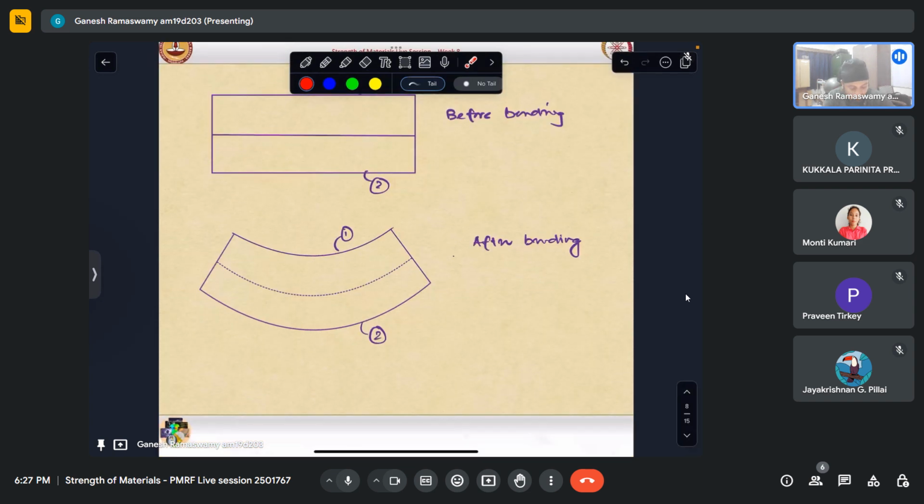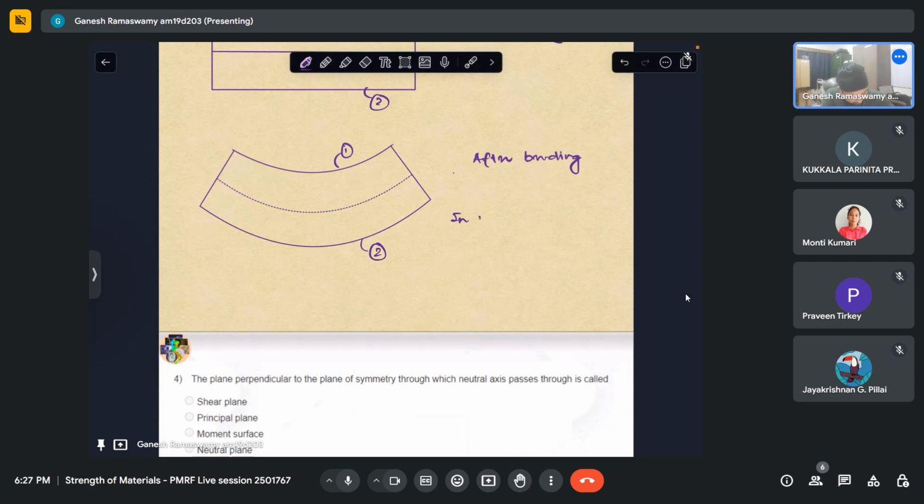What we will see in the case of a homogeneous section, meaning it is made of the same material, is that the neutral axis coincides with the centroidal axis.